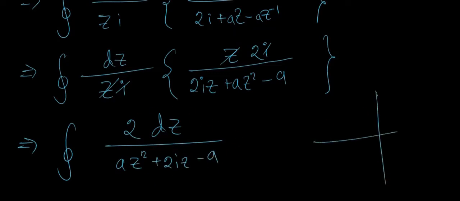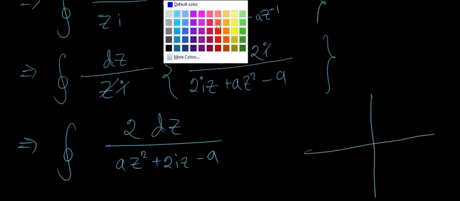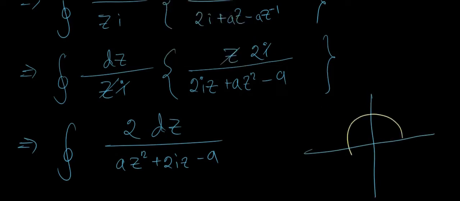And our contour was this unit circle. It doesn't look like a circle, but let me just draw it again. Okay, it still doesn't look like a circle, but it's a circle, all right. So now we are going to use the residue theorem that you already know.